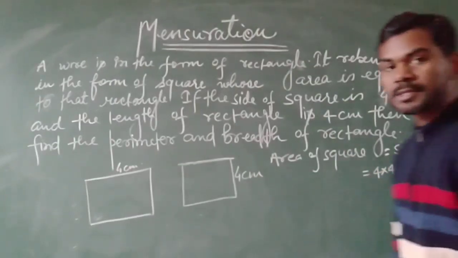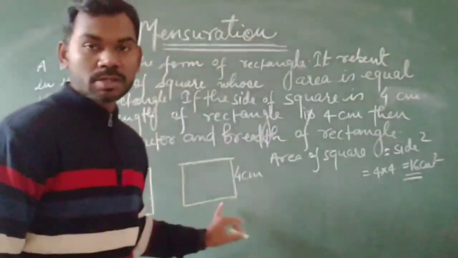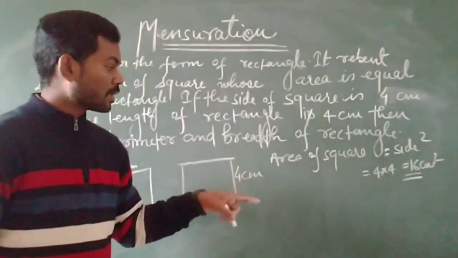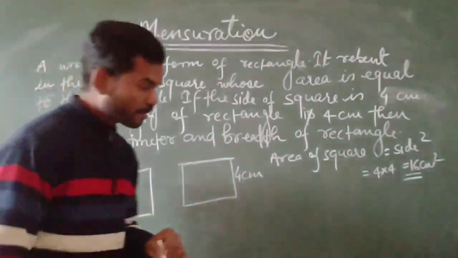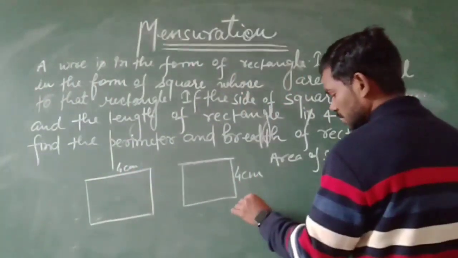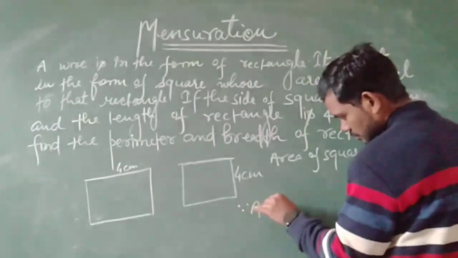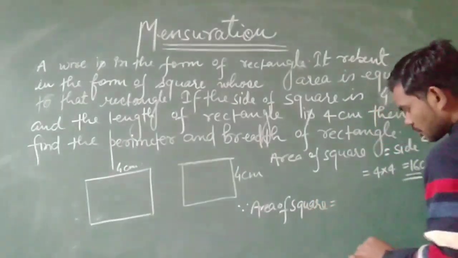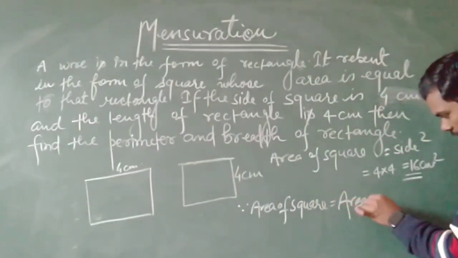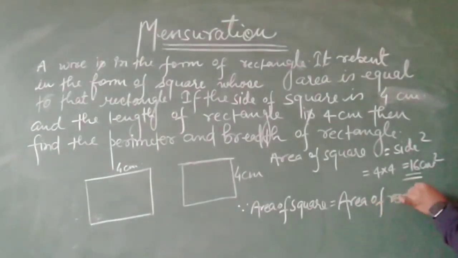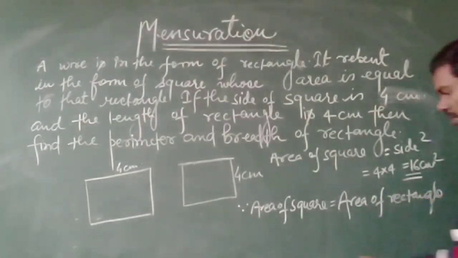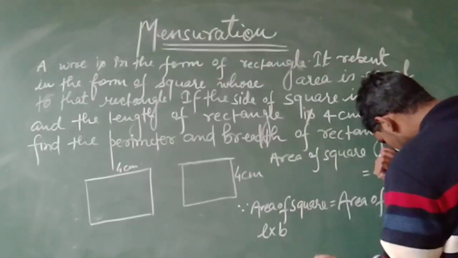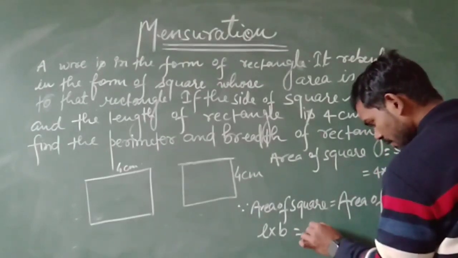So 16 centimeter square is the area of this square, and this is also the area of the rectangle. Since the area of the square is equal to the area of the rectangle, and the area of a rectangle is L into B, L into B equals 16.